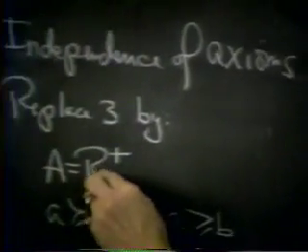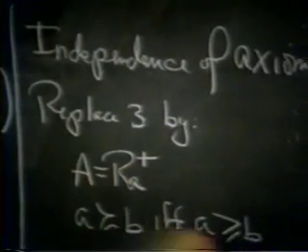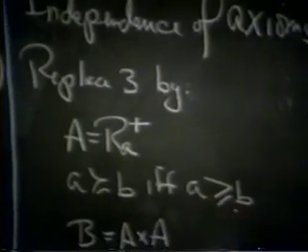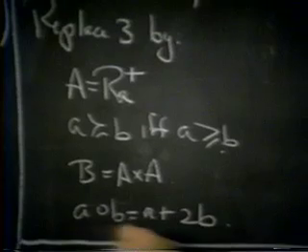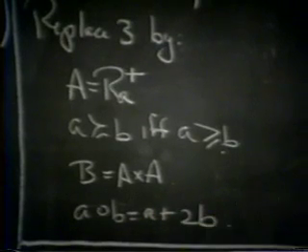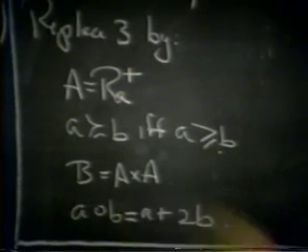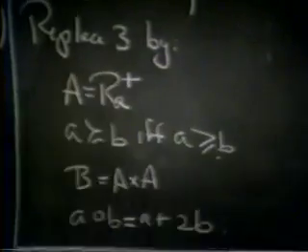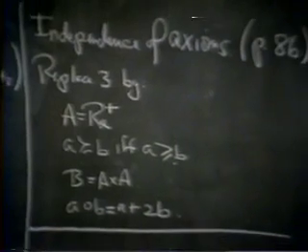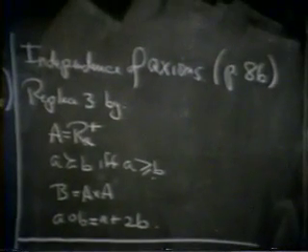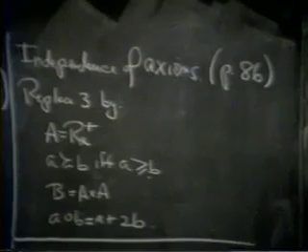It's the positive rationals, ordered by greater than or equal to, and the operation is in fact closed, and it is defined to be a plus 2b. And that operation manages to violate this third condition and satisfies all the others. So the axioms are once again independent.